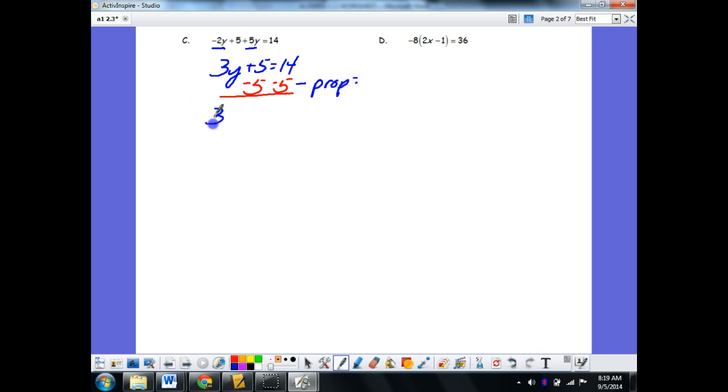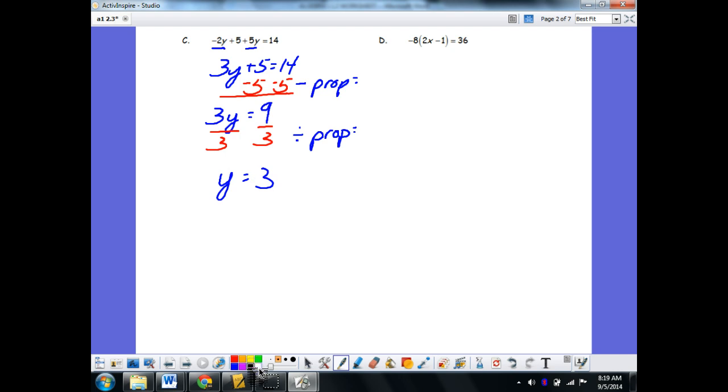So the equation we have left is 3y is equal to 9. Then we use the division property of equality to get the y by itself. And we're left with y is equal to 3.